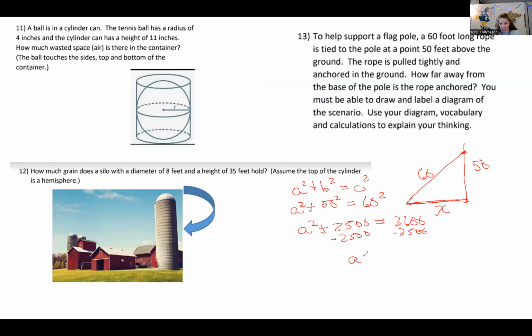We have 1,100. And now we need to find the square root of both sides. And I got 33.17 feet. That's how long it is from the bottom of the rope to the bottom of the pole.